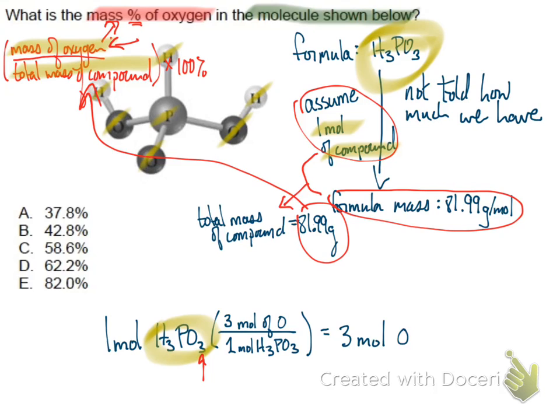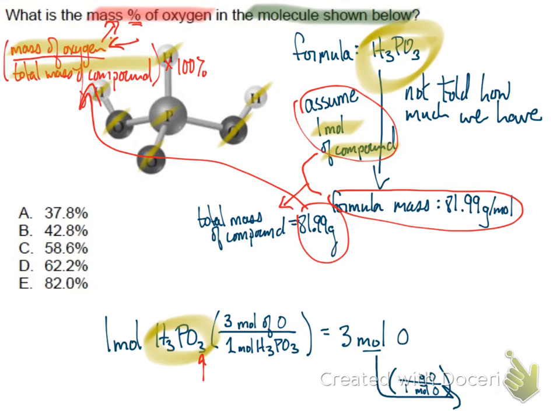And we need to know the mass. That's okay. To find the mass, all we need to do is multiply by another conversion factor. We need to be not in terms of moles. So let's put a mole of oxygen on the bottom and the mass, grams of oxygen, on top.